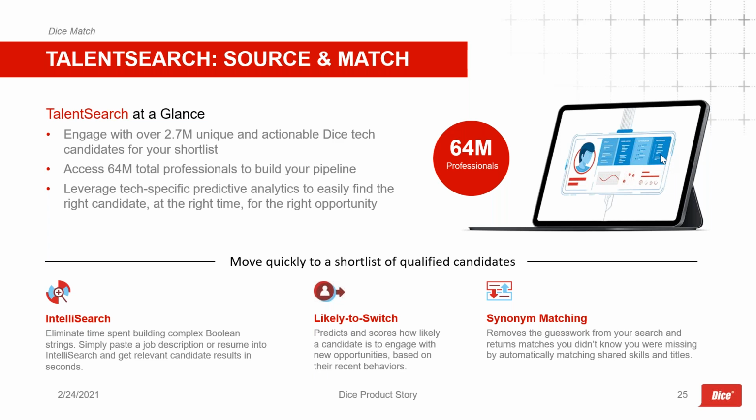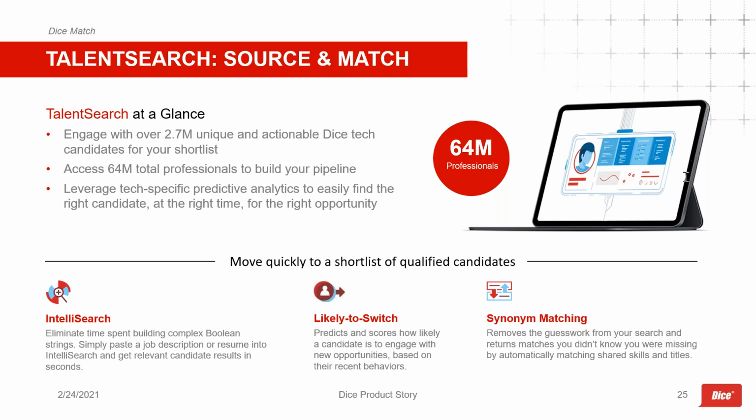And Danny mentioned earlier visible profiles. So we have more than 2.7 million visible profiles in TALENTSEARCH. And given that stat he just shared, that means you can feel confident that of those visible profiles, more than 97% of them are confirmed real technologists. So when you have that kind of confidence, you can move ahead quickly with the real business of sourcing.